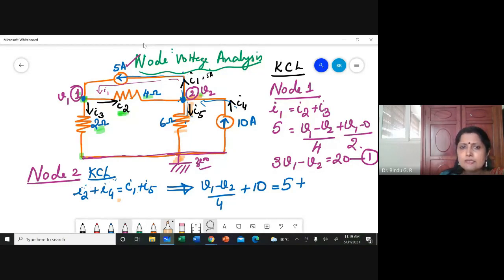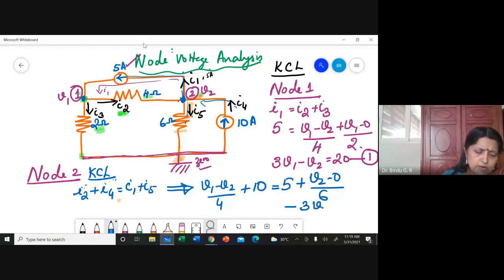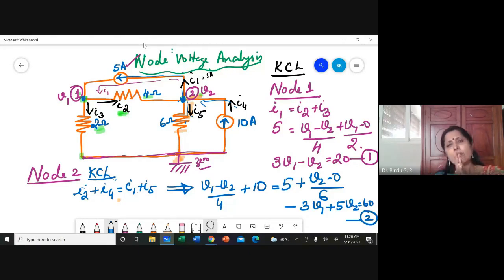So that is V2 minus 0 by 6. Again I can rearrange the terms and get rid of the fractions, and finally I'll end up with minus 3V1 plus 5V2 is equal to 60. Equation number 2. I hope this is clear to you. Anyone has any doubt here?